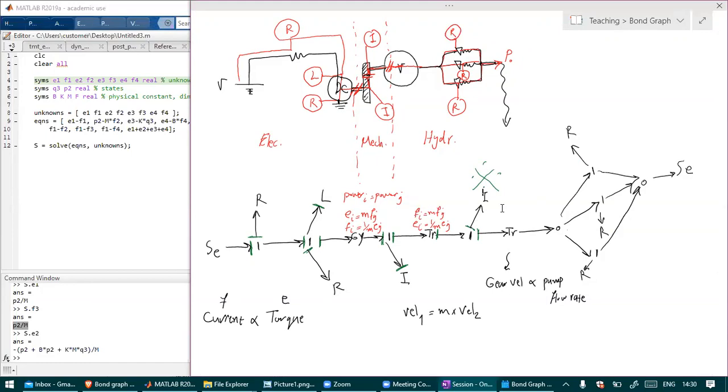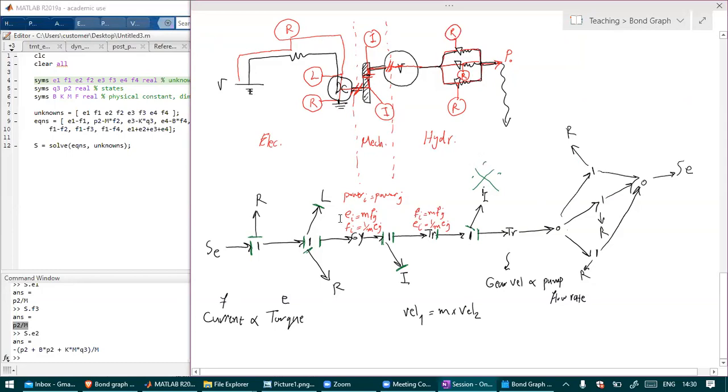So it says your model lacks something, and that thing can be a resistance in the system, or maybe the model is wrong. But if you have a physical system of this form and you model it this way, you end up with a singular system.